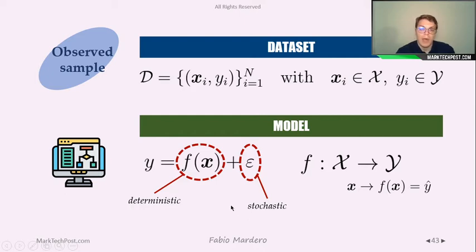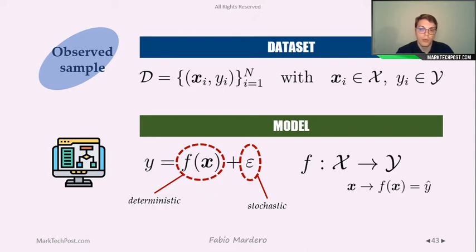Well, every phenomenon has a deterministic component and a stochastic component. In some way, the stochastic component could be seen as the randomness that cannot be explained by the machine learning model. In fact, the machine learning model here is this function f that takes the features as input and outputs a sort of prediction that is deterministic.